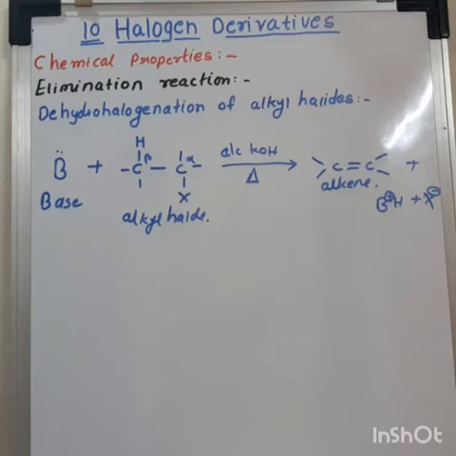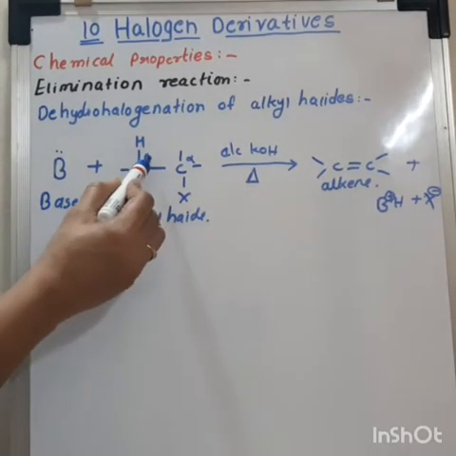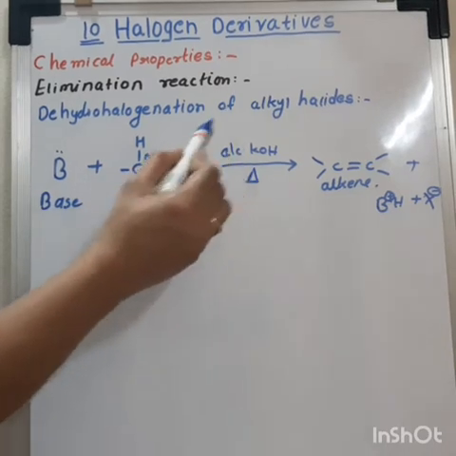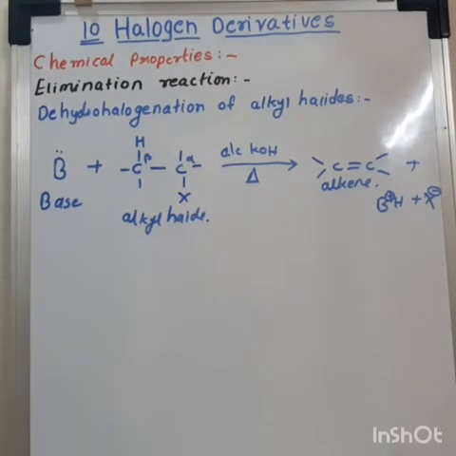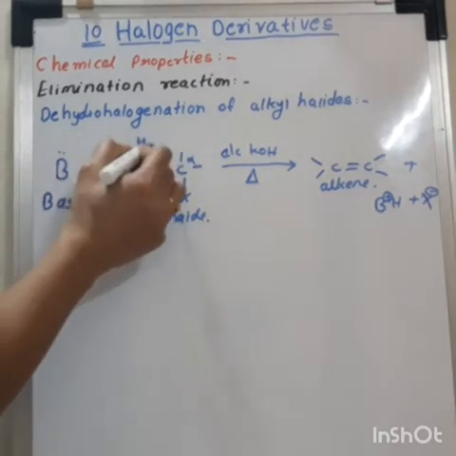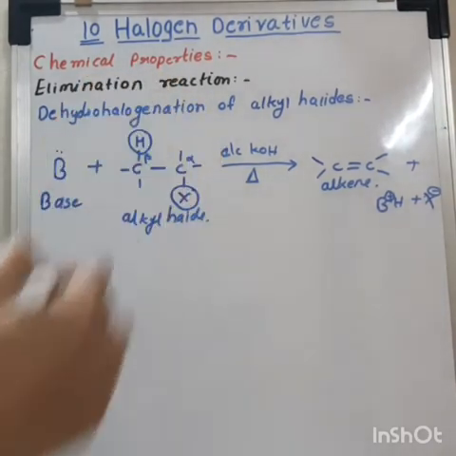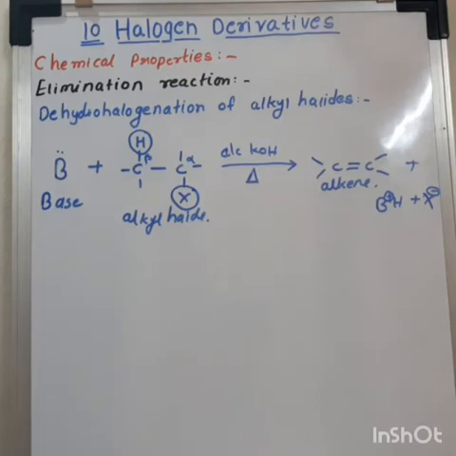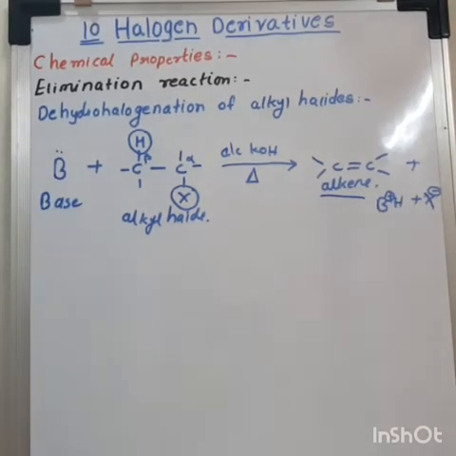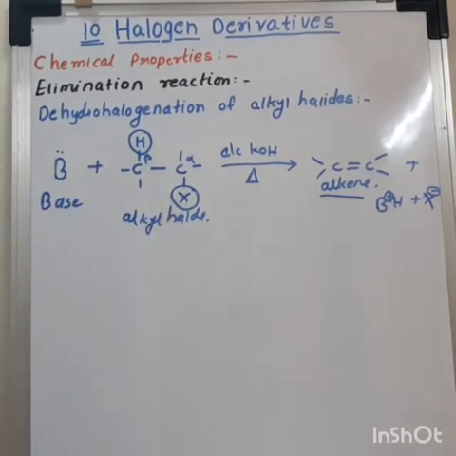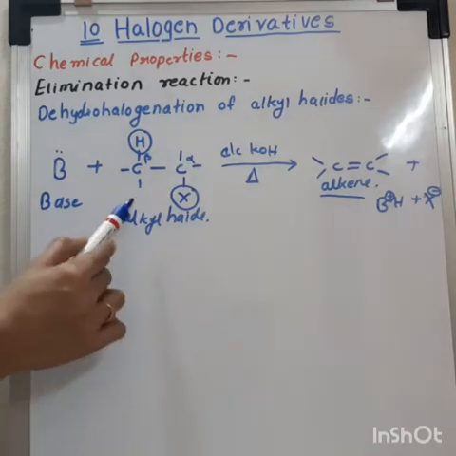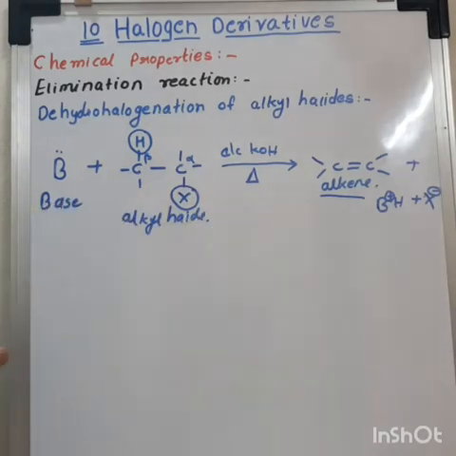In this, when an alkyl halide having at least one beta hydrogen atom is boiled with alcoholic KOH, that is an alcoholic solution of potassium hydroxide, it undergoes elimination of the beta hydrogen atom and the halogen atom from the alpha carbon atom, resulting in the formation of an alkene. In this reaction, hydrogen and halogen are eliminated from the alkyl halide on reacting with the base.